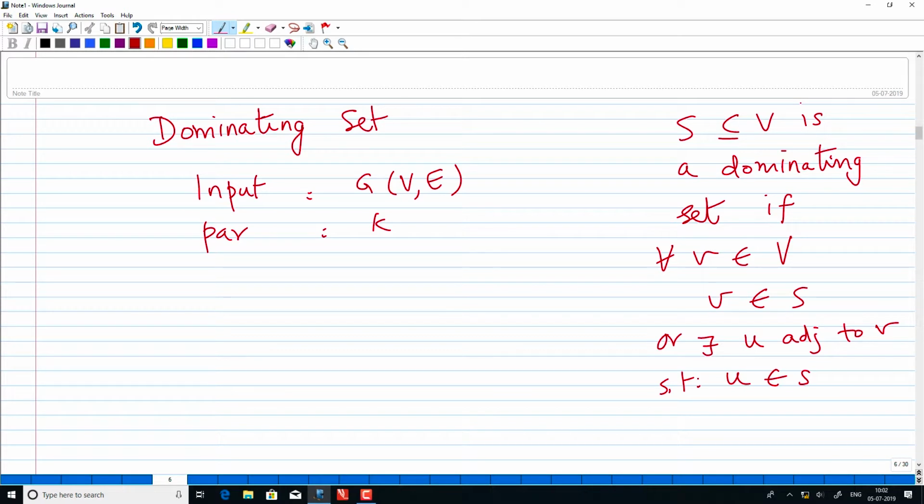Okay? So, this is again a very important parameter, very well studied, lots of work in the graph theory circle on this problem. So, the question is, does there exist a dominating set of size at most k or exactly k? Okay. So, let us see an example. So, here is a graph.